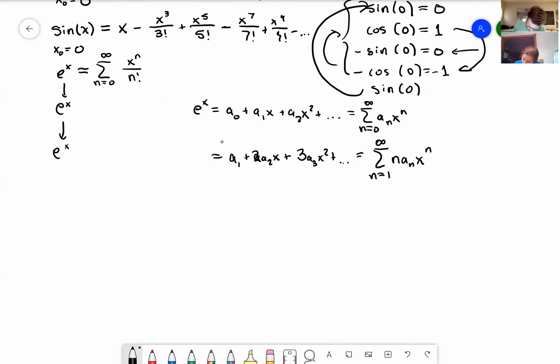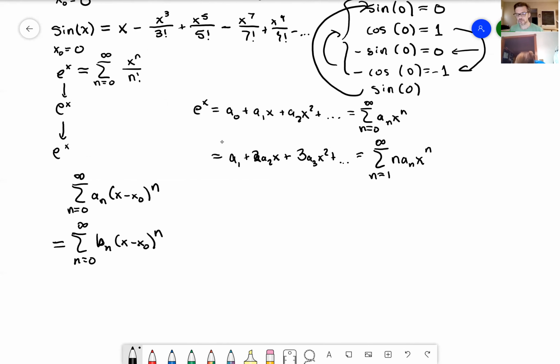And that is that if we have two power series, say the sum from n equals 0 to infinity of an times (x minus x0) to the n, and we have another power series, the sum from n equals 0 to infinity of bn times (x minus x0) to the n, and we say these two things are equal to each other. So these two power series, whenever we can plug in a value for x, we get the exact same thing. And what we have is, in fact, that these two power series have equal coefficients.